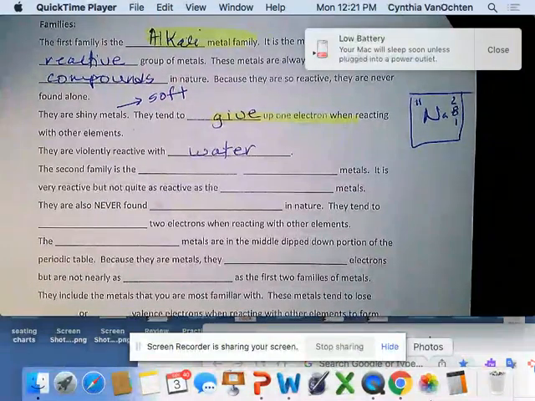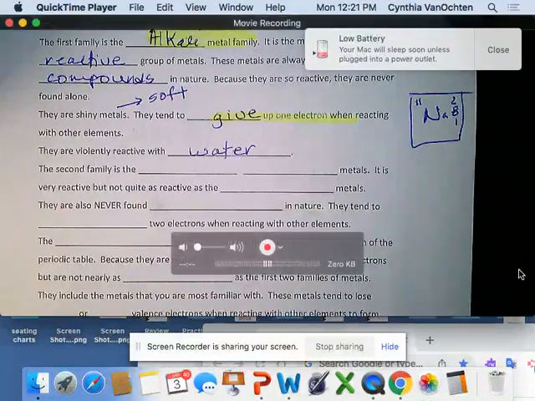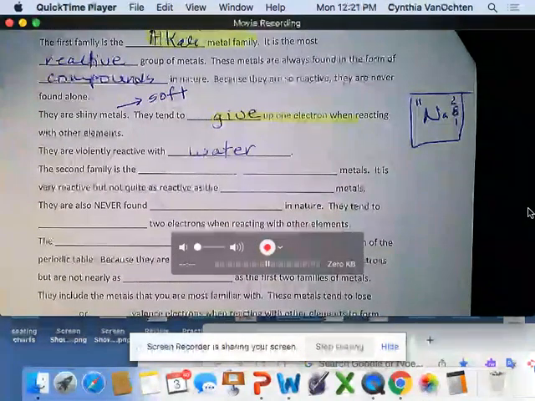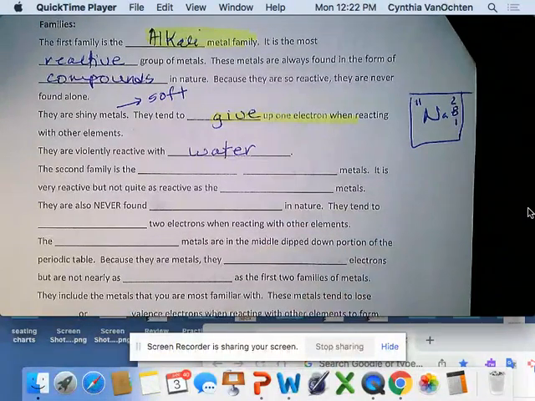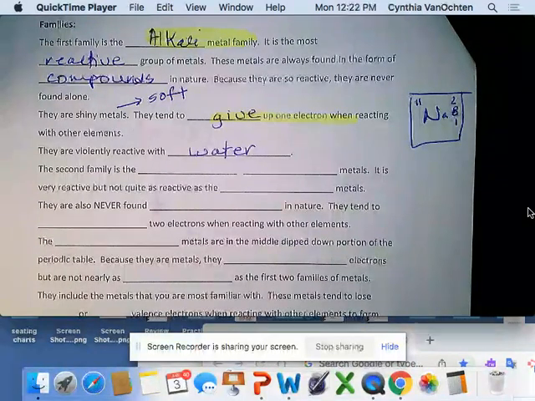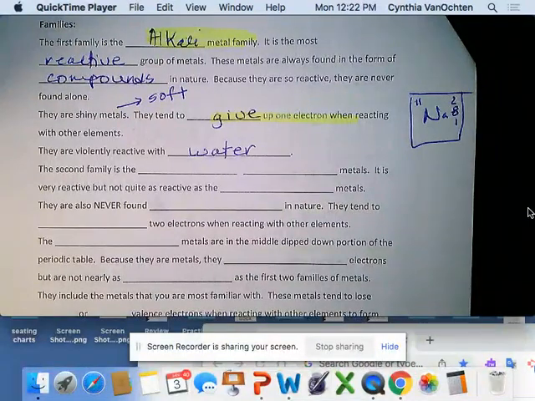So you can see that if it were to give up 1 electron, as I've mentioned before, then it has 8 in its outer ring, and that makes it very stable. Okay? So elements are always looking to either have a full valence shell or 8 in that outer valence ring. And that makes them very stable and unreactive.